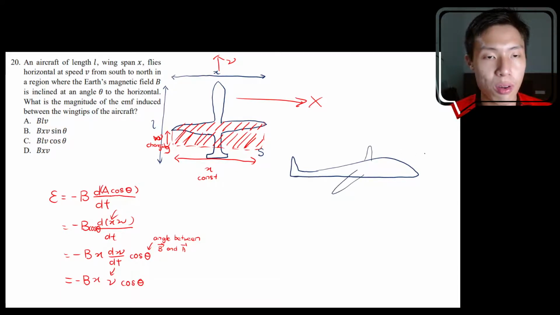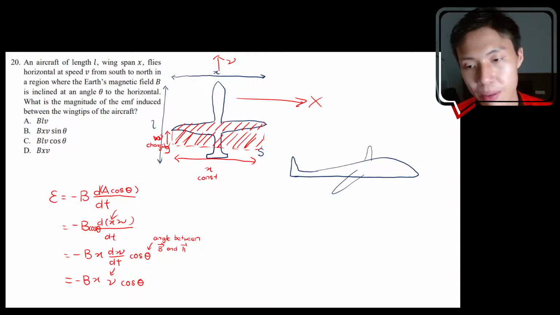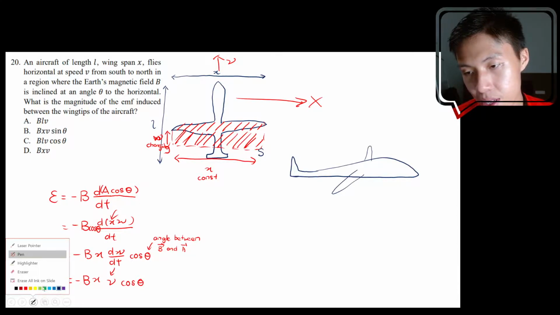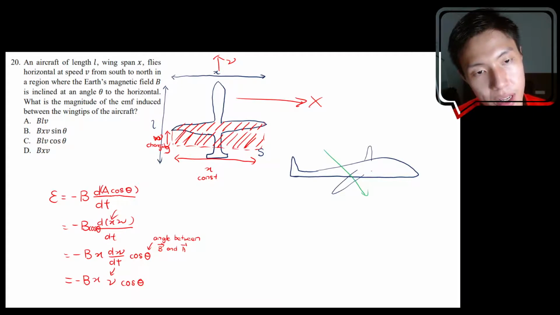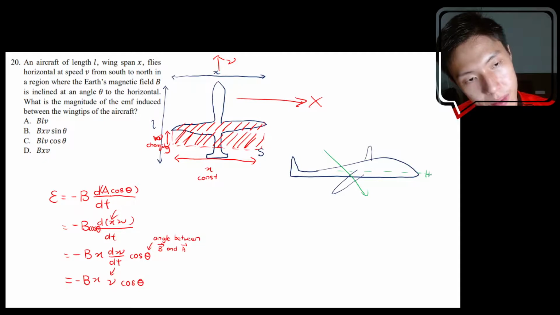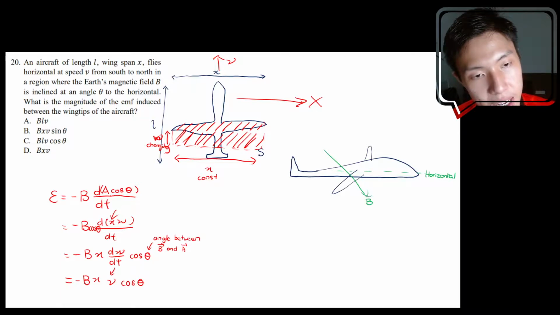Okay, this is your flight. Then, as I mentioned just now, the magnetic field is at an angle. So let's draw an angle. This is the horizontal. The magnetic field is at an angle to the horizontal, so this will be theta.